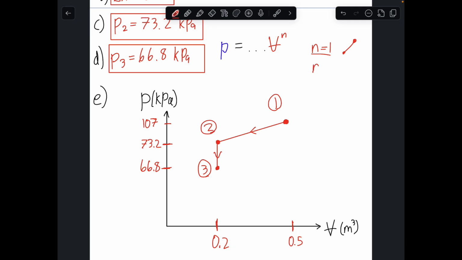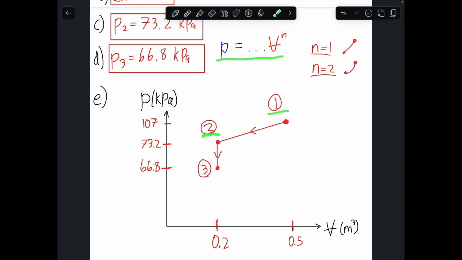And if it was anything greater than 1, like 2, then we would have some curvature to this line, because it would be like writing y equals x squared, which would be something like that. And so we want to find this equation from state 1 to 2.